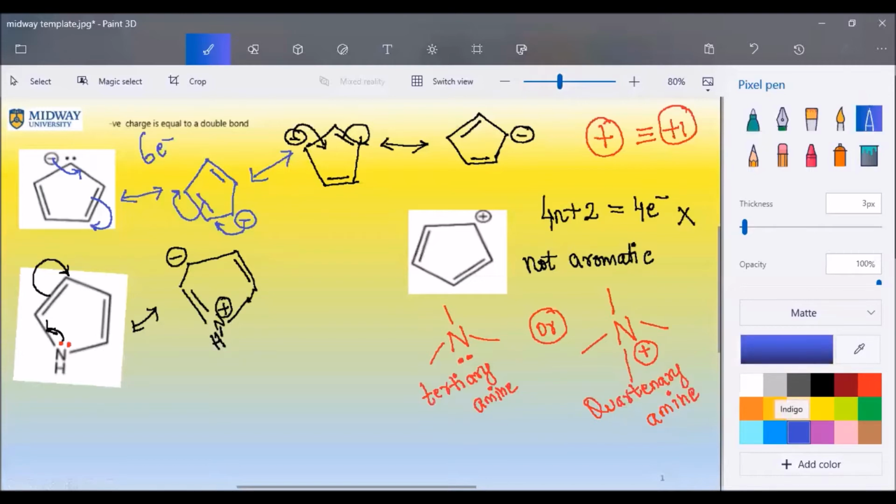Okay, now what can we do? This positive charge stays there, it can't go anywhere else. So just like the previous case, the negative charge now comes in, makes a bond. This, however, cannot go to the next spot. Instead, it comes back to this carbon. So what does that mean?